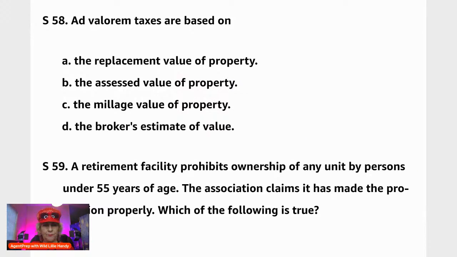Number 58, ad valorem taxes are based on A, the replacement value of the property, B, the assessed value of property, C, the millage value of property, or D, the broker's estimate of value. So I just talked about ad valorem taxes, right?